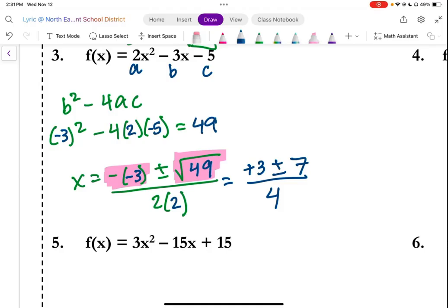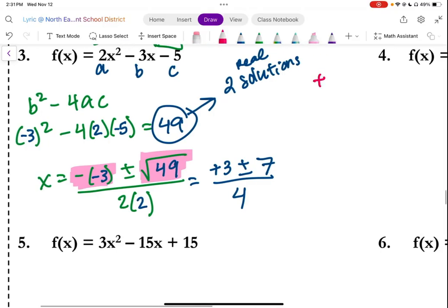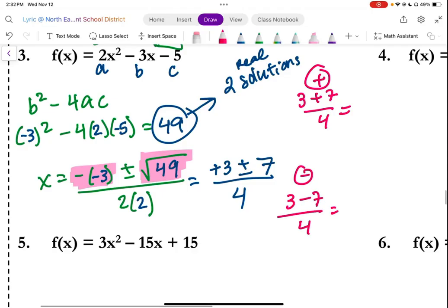Now, this is going to give us two solutions. I know because my discriminant is a positive number, so we get two real solutions. So we're going to do 3 plus 7 over 4, and then we'll do 3 minus 7 over 4. 3 plus 7 is 10 divided by 4.